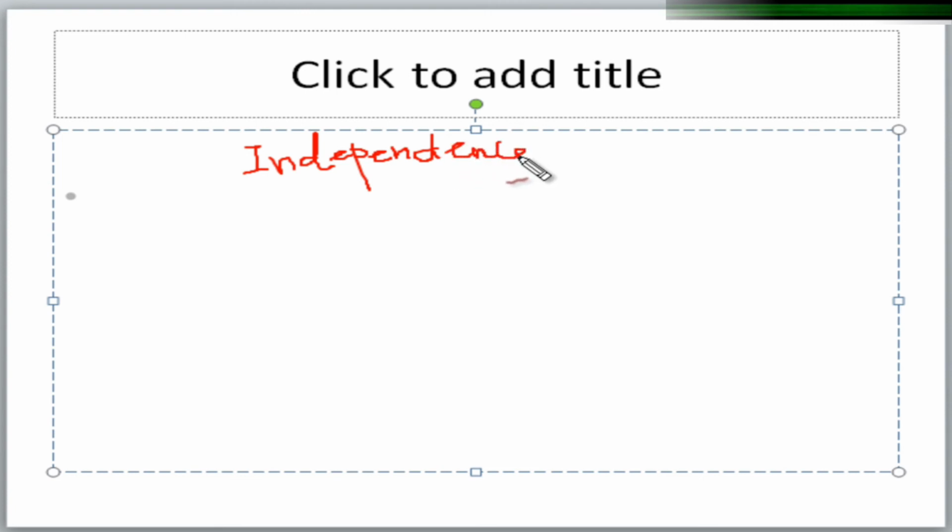Independence of event. Okay, this is the topic.